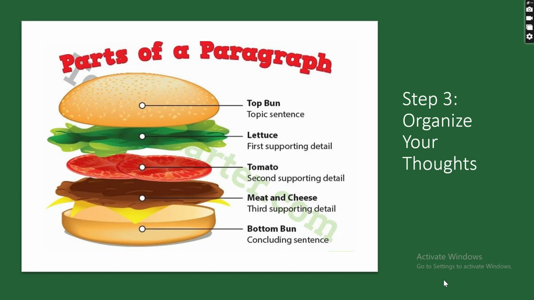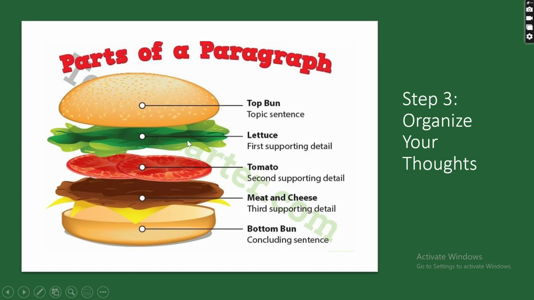By organizing your thoughts, of course, you can create a coherent and easy to follow paragraph. Of course, you know that for a basic paragraph, we have the following different elements. Each paragraph starts with the topic sentence.